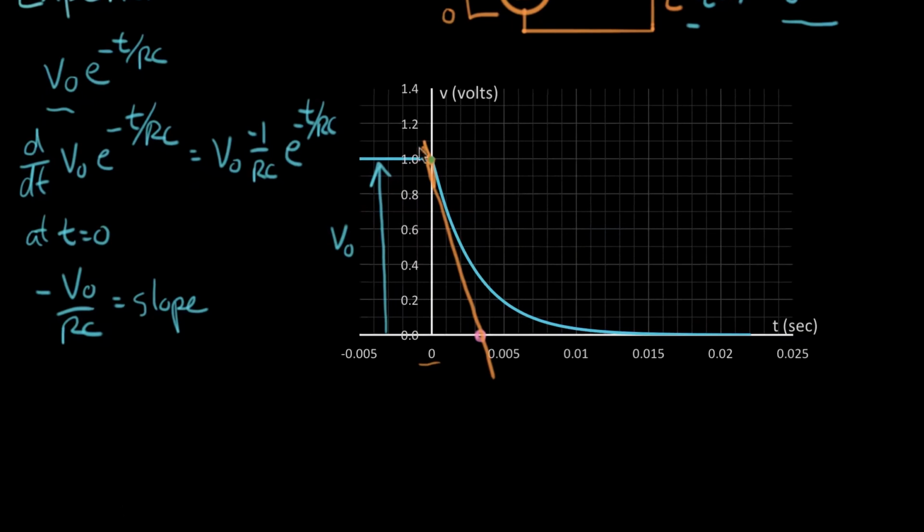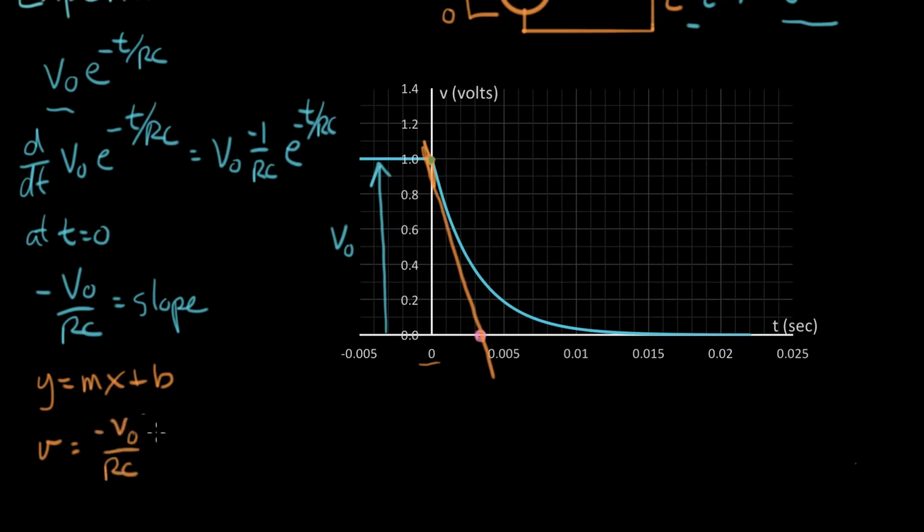So now we have a line. We've defined a line, which means we have an equation of a line. The equation of a line is y equals slope times x plus b. B is the intercept on the voltage axis, and m is the slope. I can plug in my values for our chart. Y is the voltage axis. We know what the slope is: it's minus V naught over RC.